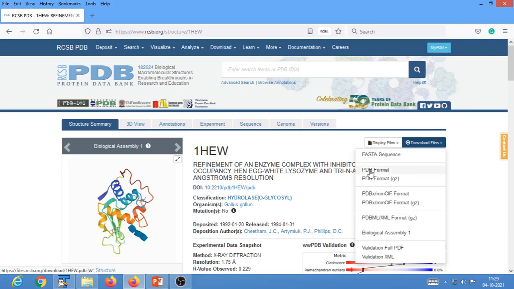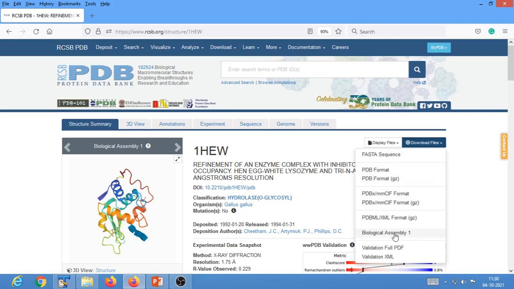You can download the PDB file in text format. You can download the molecule in PDB format with the extension .gz. You can also download this structural data in mmCIF format or XML format. There are a lot of options.